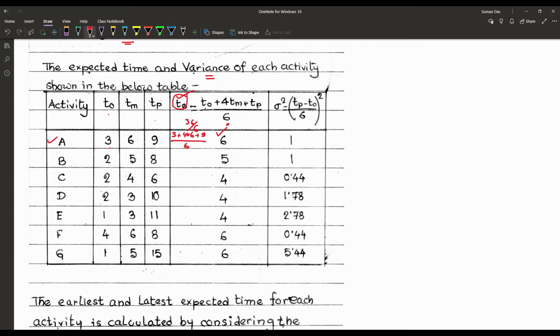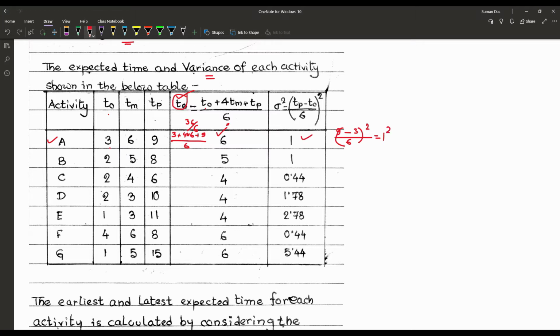Then for the variance, sigma square, the formula is Tp minus To upon 6, whole square. Here Tp is 9 minus To is 3, upon 6, that is 1 square, so that is equal to 1.